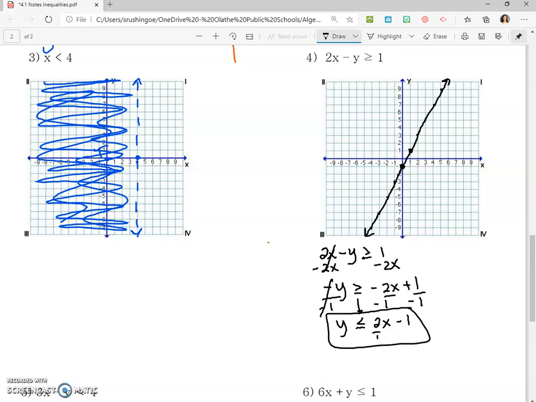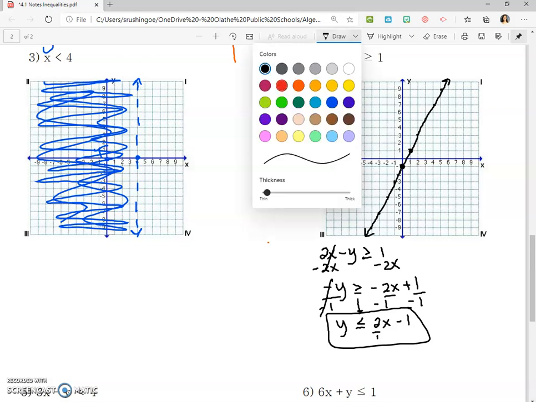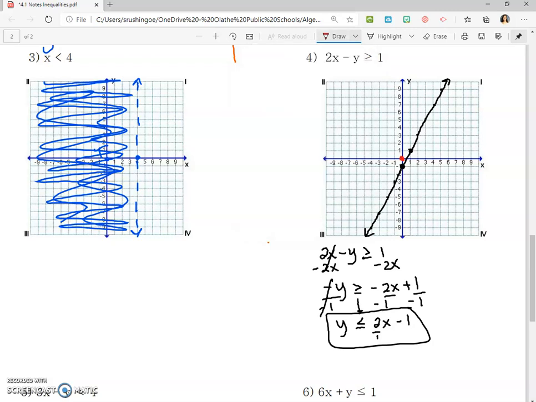And then I'm going to pick 0, 0. Just don't pick anything on the line. Again, if 0, 0 was on the line, I would pick one that you for sure can see is on one side of the line and not actually on the line, because then you don't know which side to shade. So 0 greater than or equal to 2 times 0, which is 0.